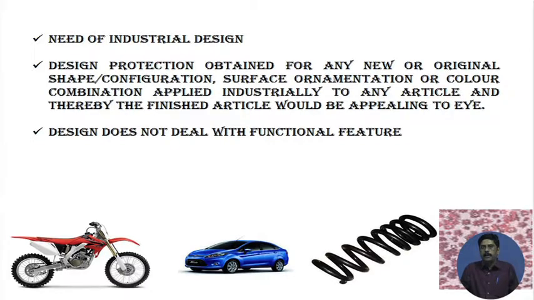When we discussed different forms of IP, I gave you an idea about industrial design, and I told you that industrial design protects the shape, configuration and ornamentation of an article, and that increases the aesthetic value of the article.